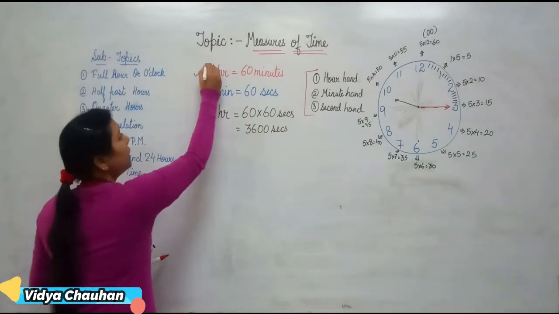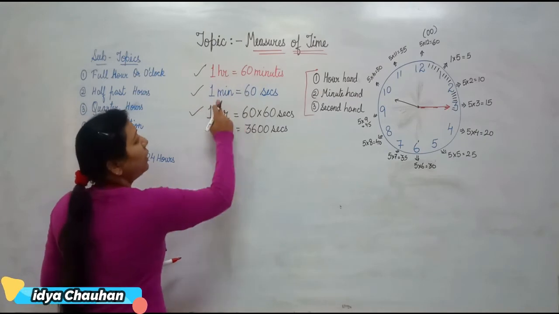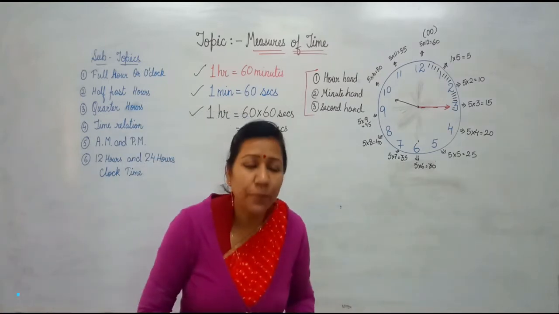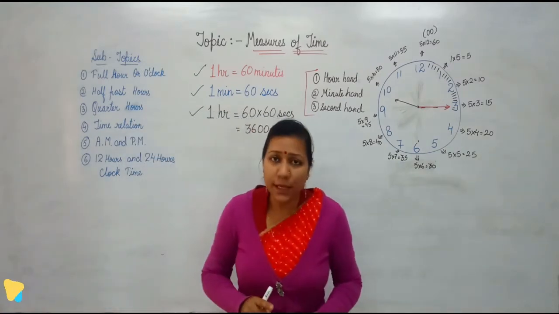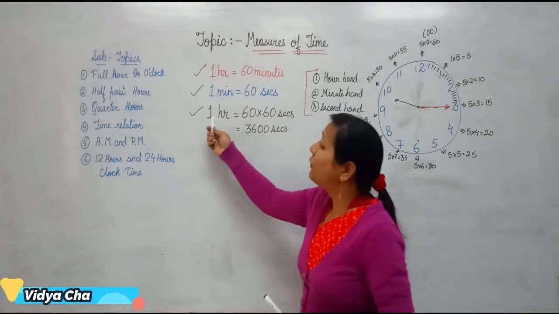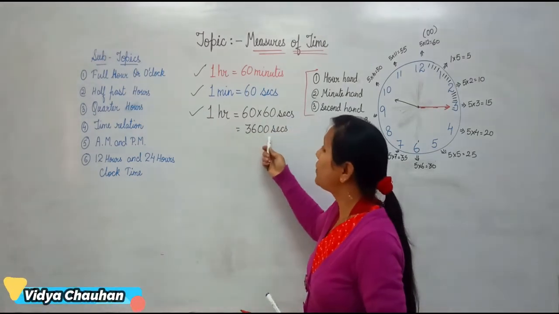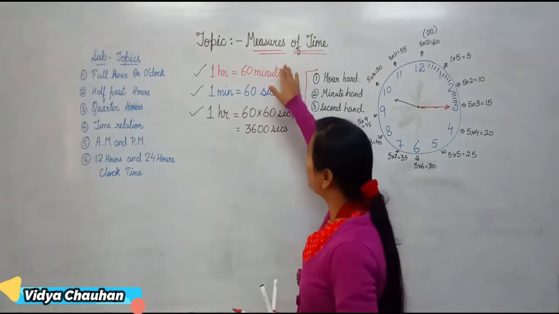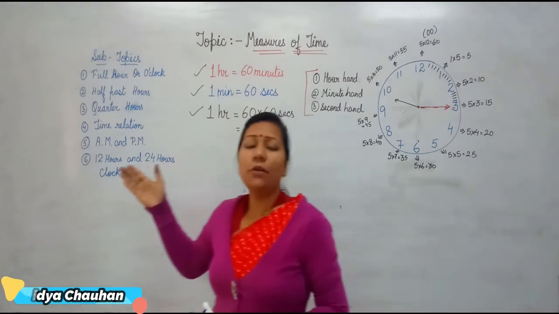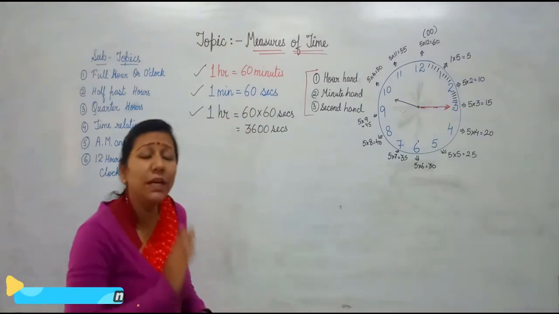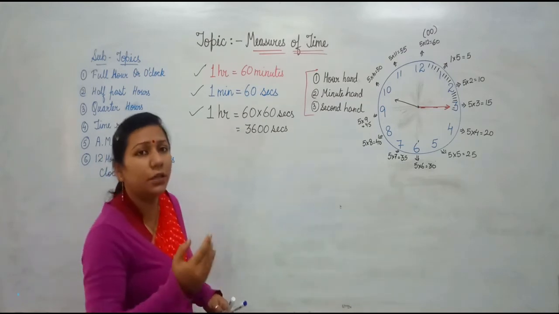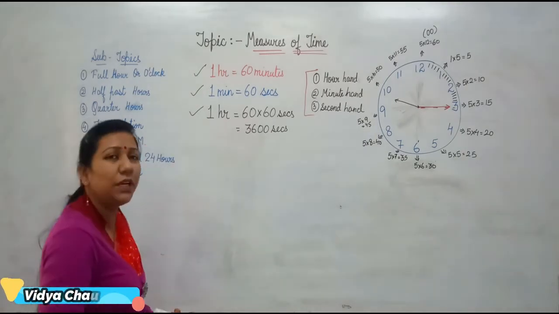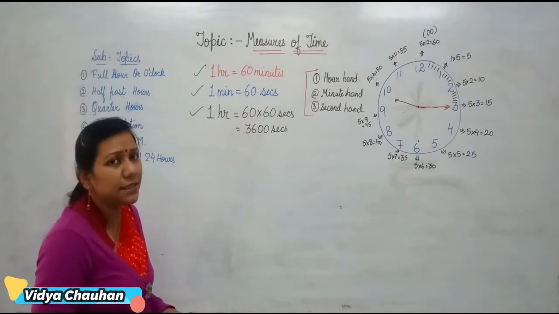So these are the three relations: hour and minute, minute and second, and hour and second. 1 hour is equal to 60 minutes and 1 minute equals 60 seconds. So the relation is 1 hour is equal to 3600 seconds. This is the relation you are going to use when you have to convert hours into minutes or minutes into seconds or hours into seconds. Okay students, so please remember these three relations between hour hand, minute hand and second hand.